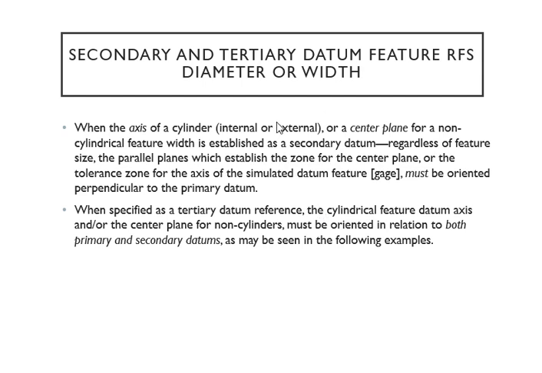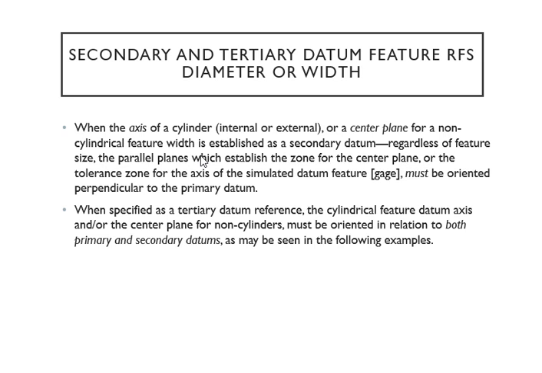When we talk about the internal and external diameter, it is automatically understood, because there's an axis in the center of that cylinder. The center of that cylinder is your axis line. Usually that's your datum line, which is your datum feature line. And then the center plane, of course, for non-cylindrical features, is also established as your secondary datum.